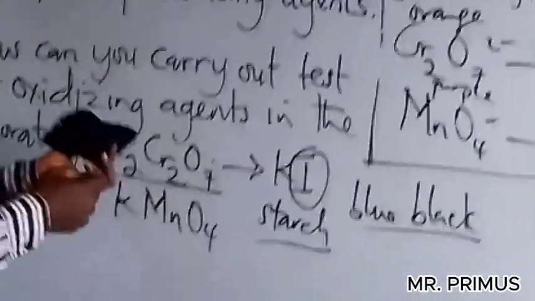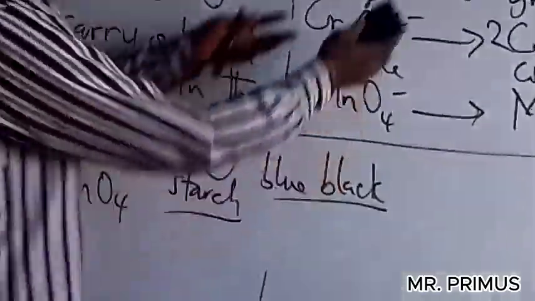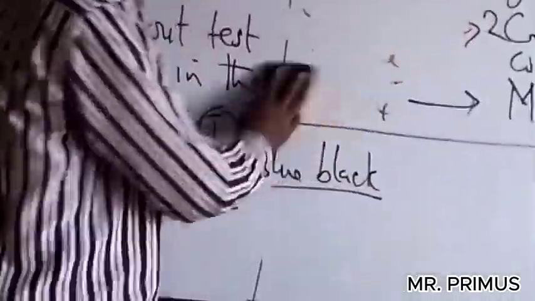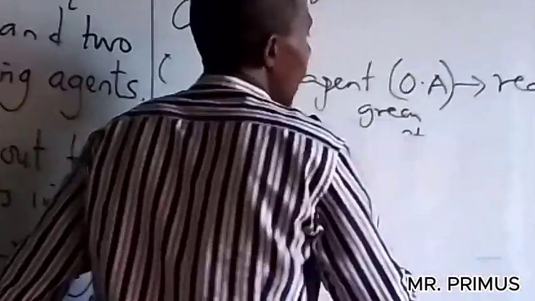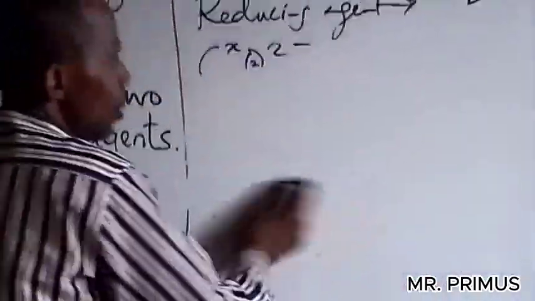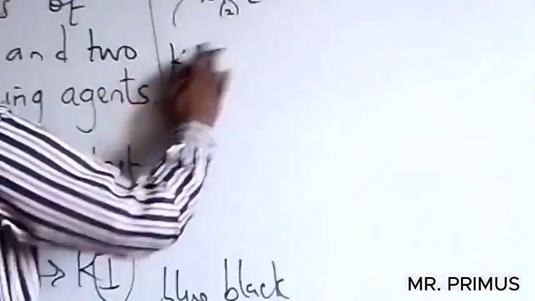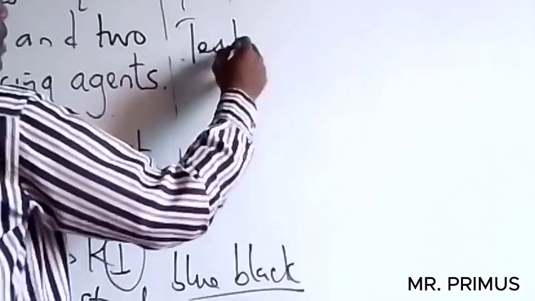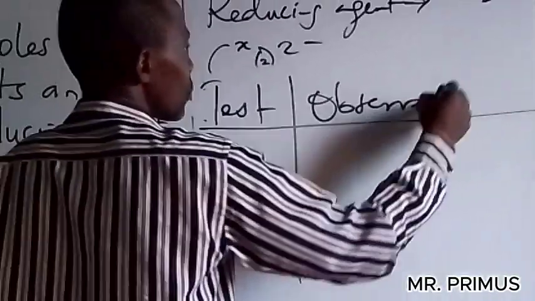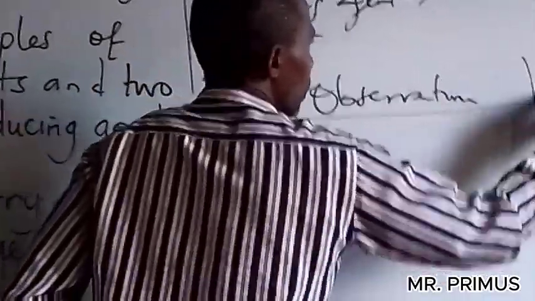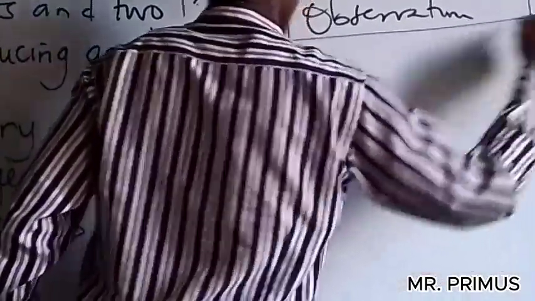Alright, so now let me put it like this. Let me clean this place and show you in tabular form how it is written. You have something like test, observation, inference.